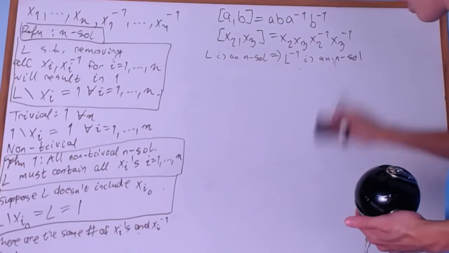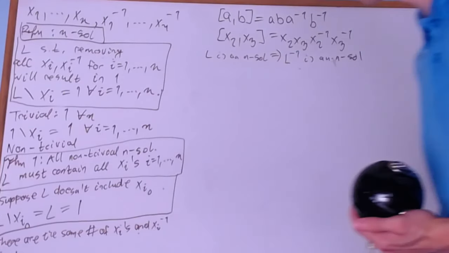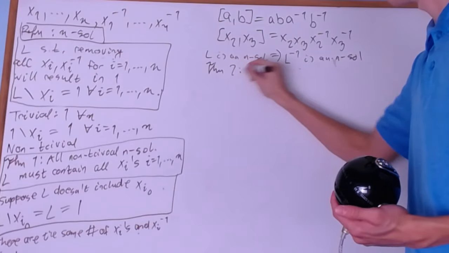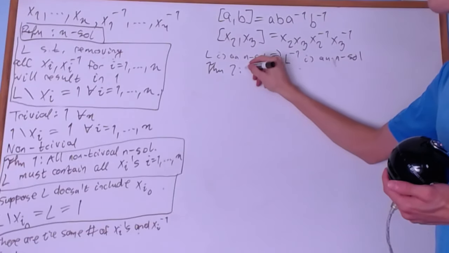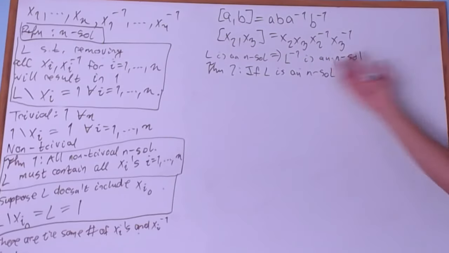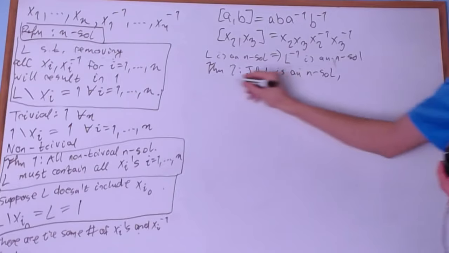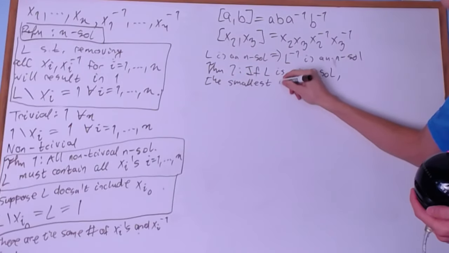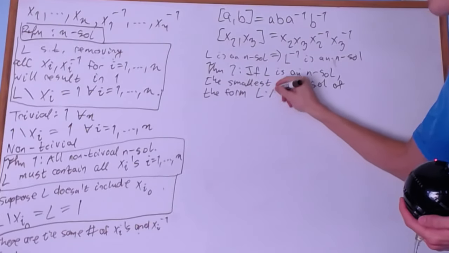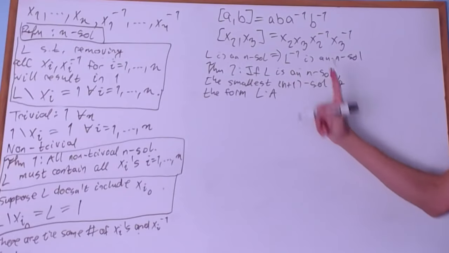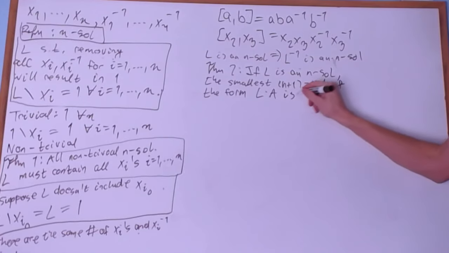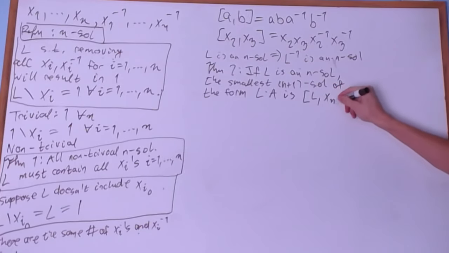All right, I'm not going to explicitly mention it like the first theorem. Okay, let's go ahead and prove the theorem that I've been building up to. It is that if L is an n solution, so we have this n solution, the smallest n plus 1 solution of the form L times A, where L is this n solution, A is going to be some more stuff added on, is the commutator of L with xn plus 1.